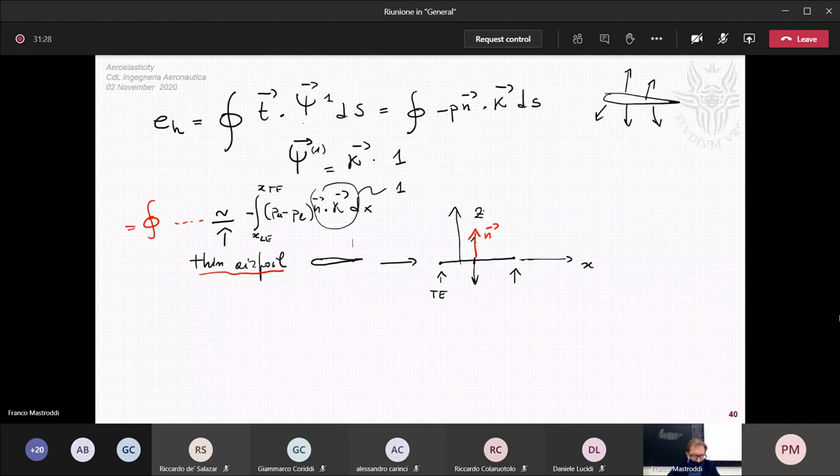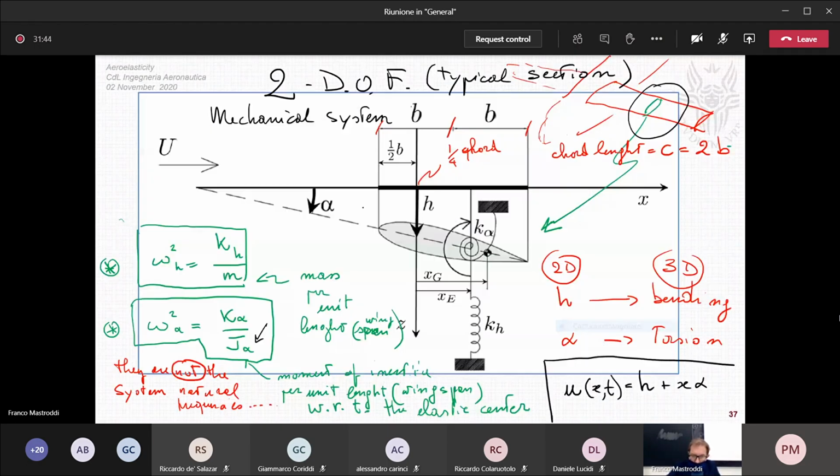And at the end of this story, another point, and excuse me, but remember that our positive direction for h is down. I'm sorry. So this is the direction of the z-axis, excuse me.